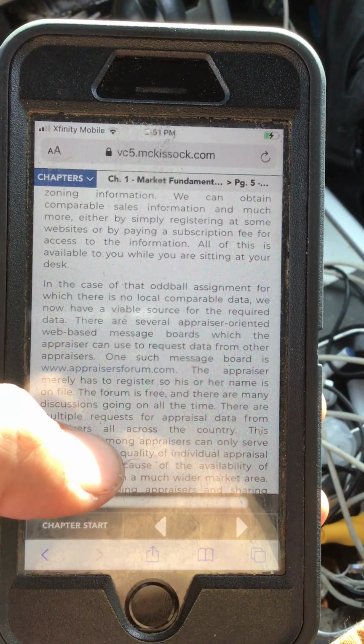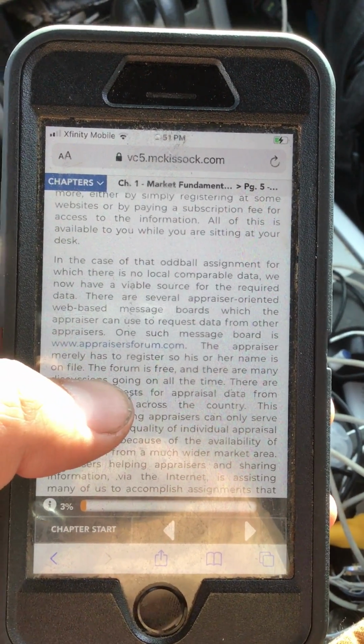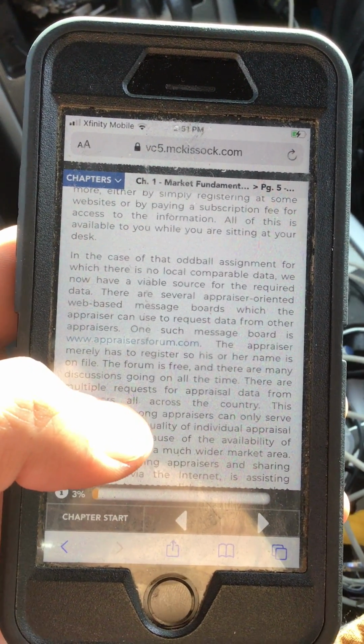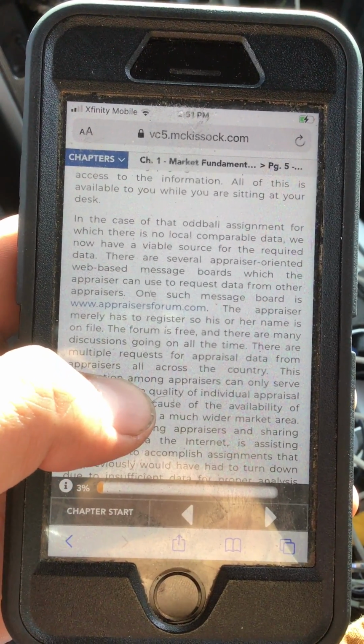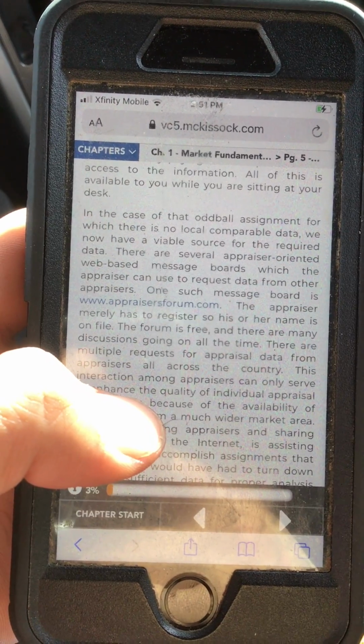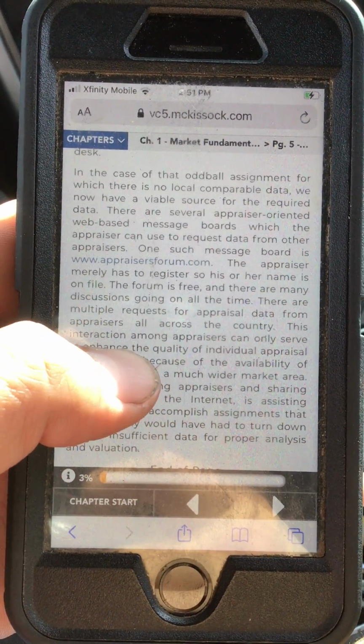We can obtain comparable sales information and much more, either by simply registering at some website or by paying a subscription fee for access to the information. All of this is available to you while you are sitting at your desk.